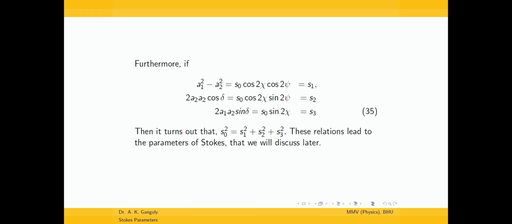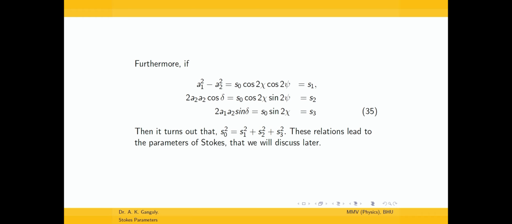These parameters, those that have been introduced here as S1, S2 and S3, are also termed as the Stokes parameters, and are in use to find out the polarimetric characteristics of a signal that comes.